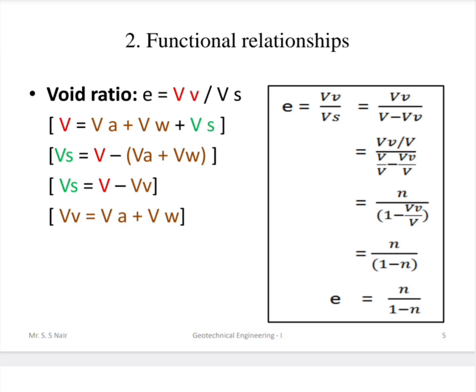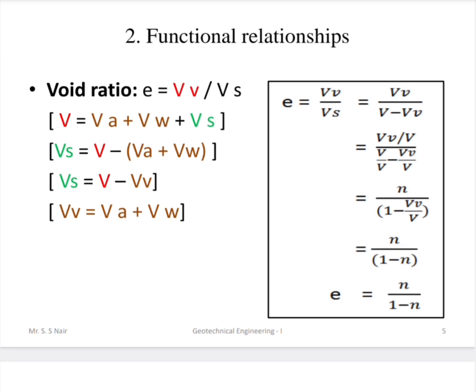Now here common terms are cut, and in the denominator we will get 1 minus volume of void to the total volume. Now we all know volume of void to the total volume gives you n, that is porosity. So thus E equal to n divided by 1 minus n.